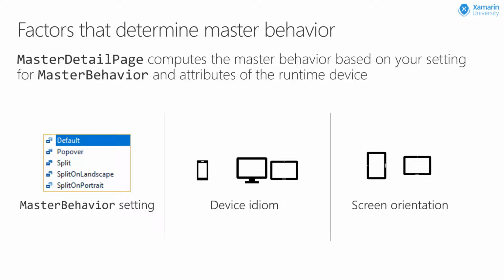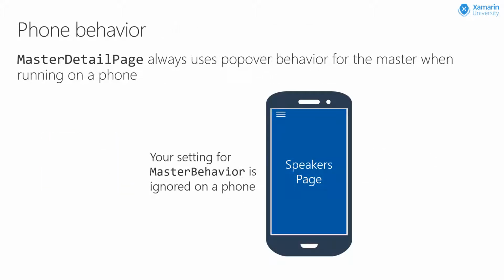Now in Xamarin Forms, setting the master behavior property is not the only factor that determines the UI presentation. The behavior can be overridden depending on the device type, and for some values of master behavior, the presentation can change between portrait and landscape. So on phones, the master detail page always uses popover behavior, regardless of the master behavior setting.